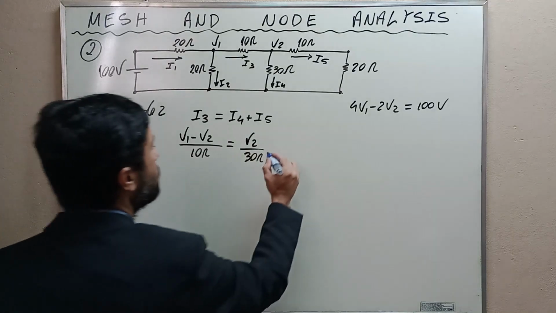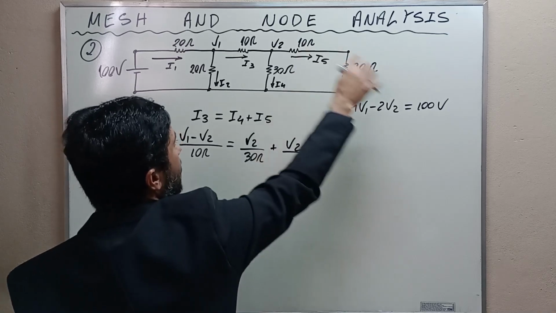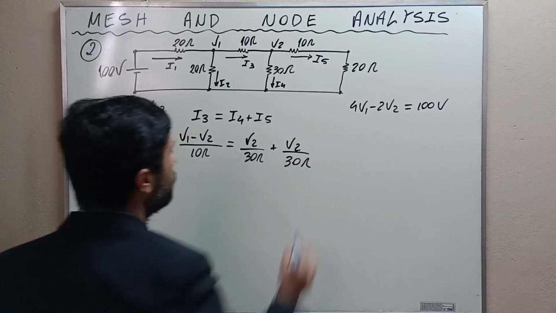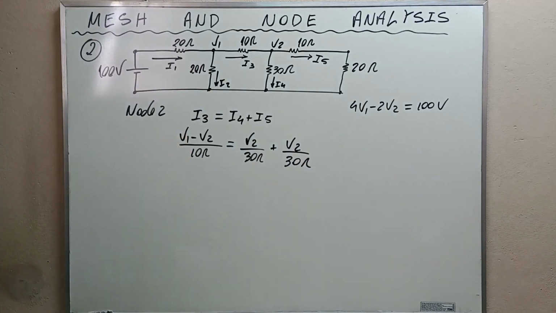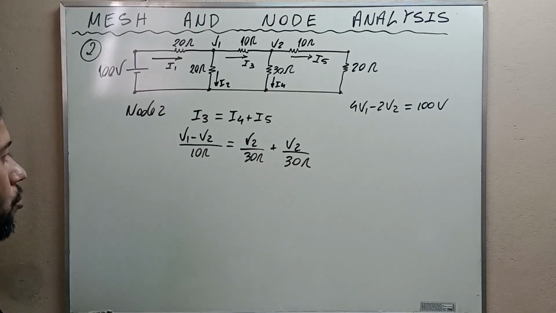I5 is V2 divided by 10 plus 20, 30 ohms. Okay, so this is the equation for the currents entering and leaving node 2.